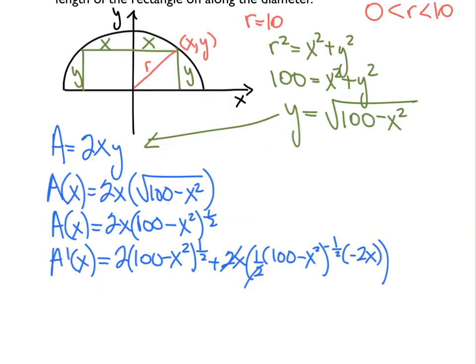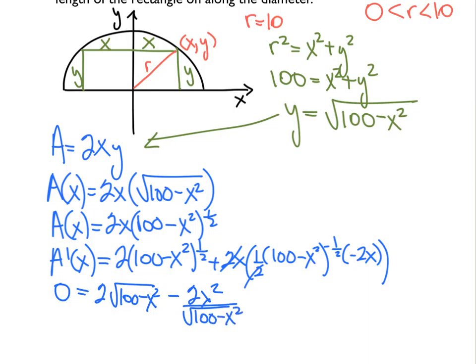Okay, so now let's set our derivative to 0, and I'm just going to rewrite this. So it's the square root of 100 minus x squared, minus 2x squared over the square root of 100 minus x squared.